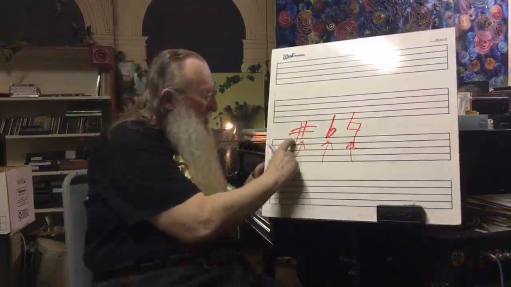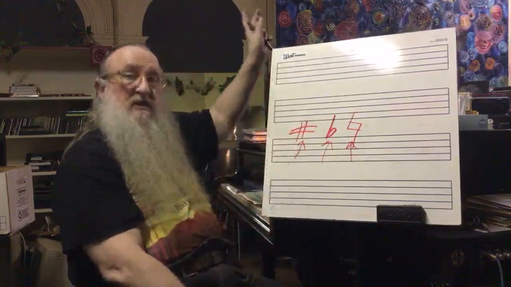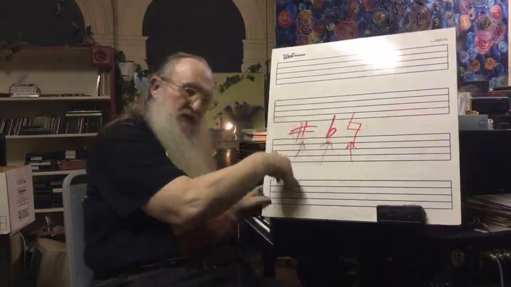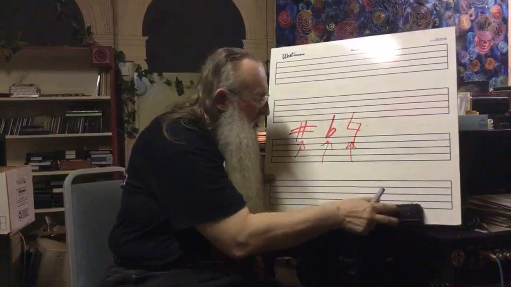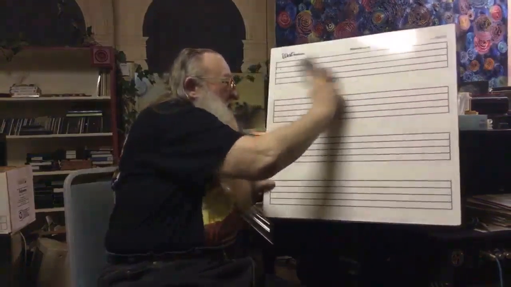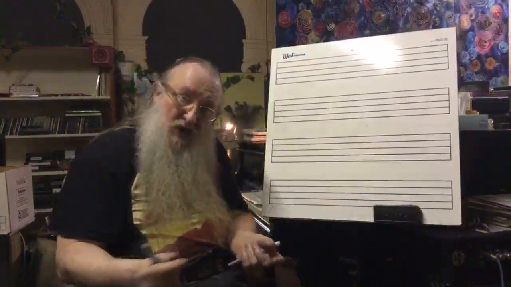The sharps wound up always going to the keys above C, and the flats wound up being mapped in for the keys below C. And we'll show you why that is relevant and how it will help you memorize the order of the sharps and flats, okay?